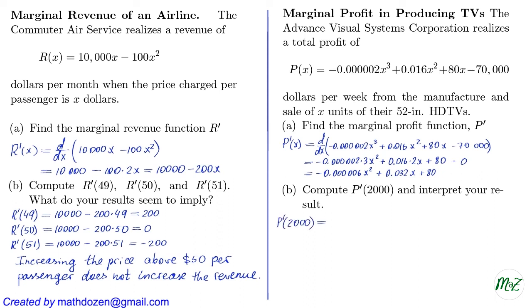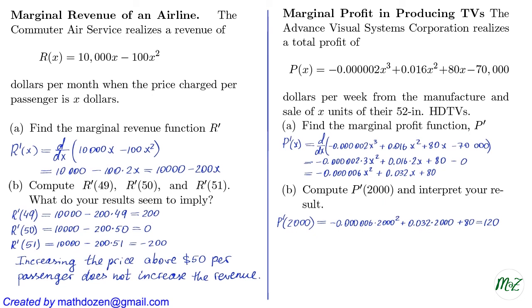So then, once we have the marginal profit, we can plug in 2,000 units. X is 2,000 here. That's the number of units. So plug in x equals 2,000, crunch all the numbers, and we get 120. So what does it mean?